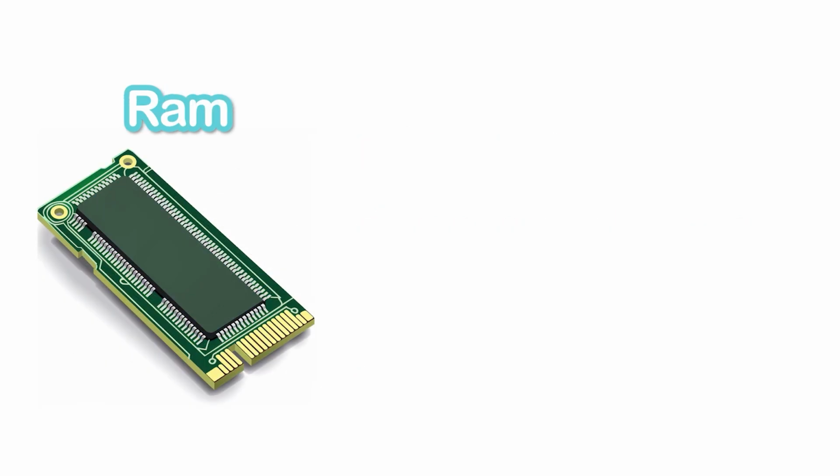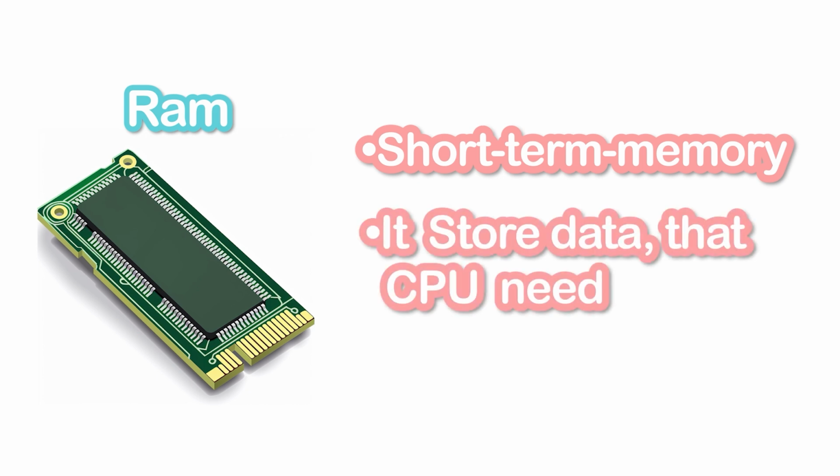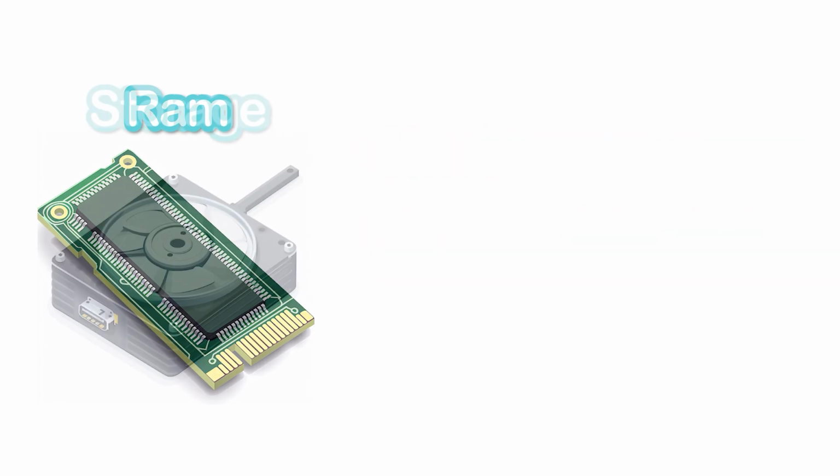Memory or RAM. The motherboard also contains RAM, or random access memory, which is the computer's short-term memory. It temporarily stores data that the CPU needs while performing tasks. The more RAM a computer has, the more data it can handle at once, which helps it run faster and more efficiently.